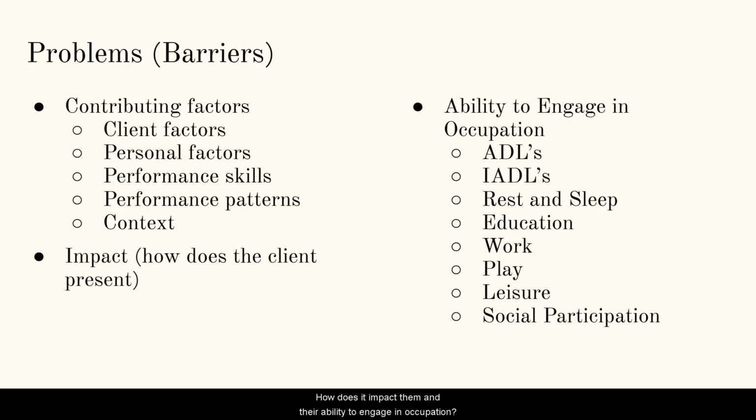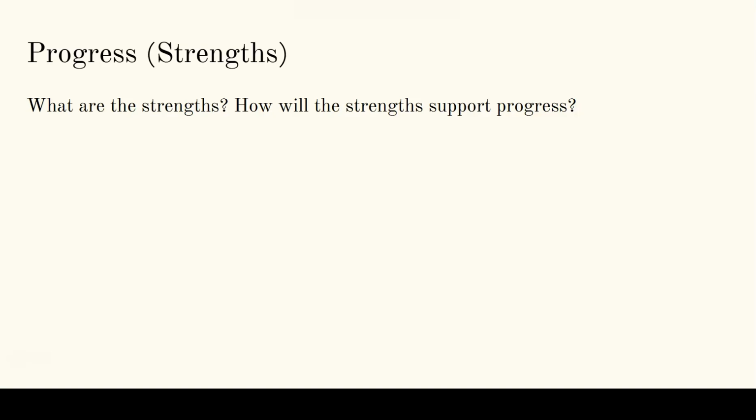How does it impact them and their ability to engage in occupation? How do their personal factors contribute to and impact how they present and their ability to engage in occupation? So as you are devising your assessment, what is the contributing factor that impacts how they present to engage in occupation? And this should start to feel pretty familiar at this point.